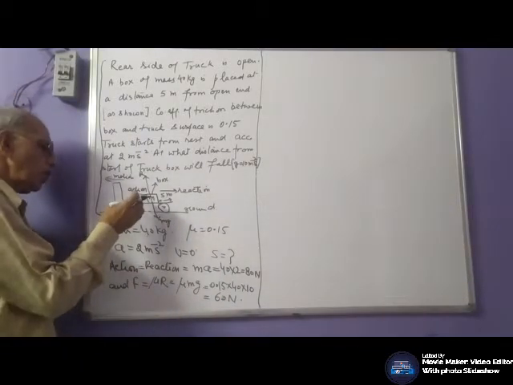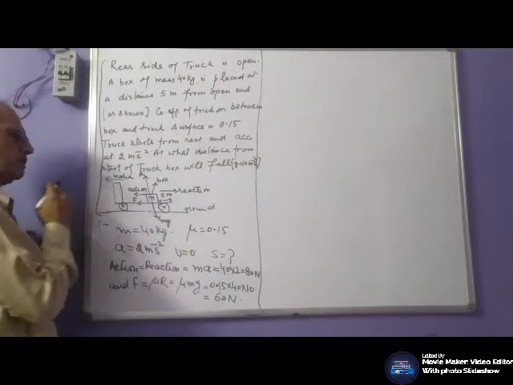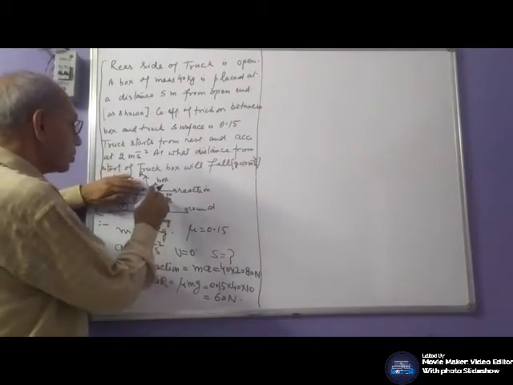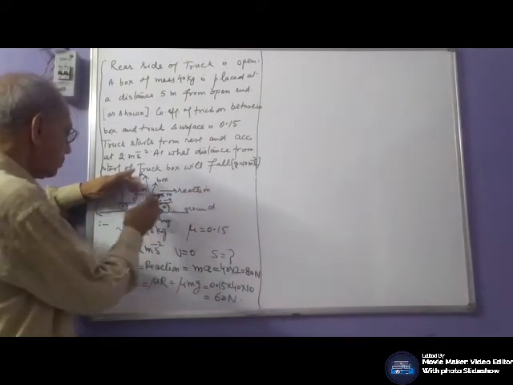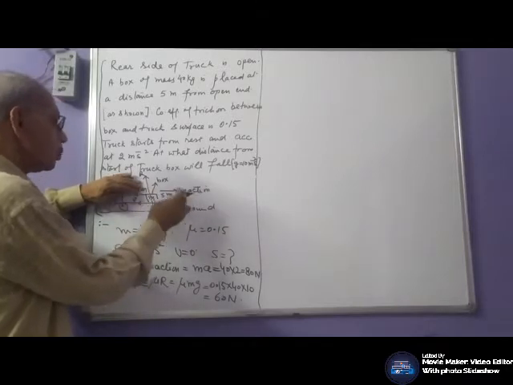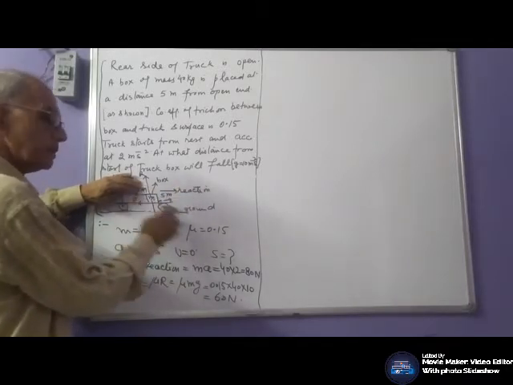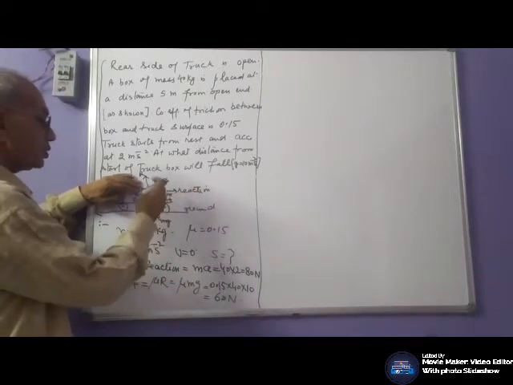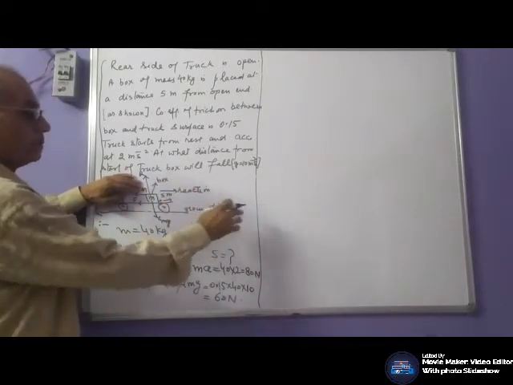Truck is moving in this direction, there is action. Now there are two forces on the box. Reaction backward, force of friction opposite of reaction. So there is a net force in this direction.